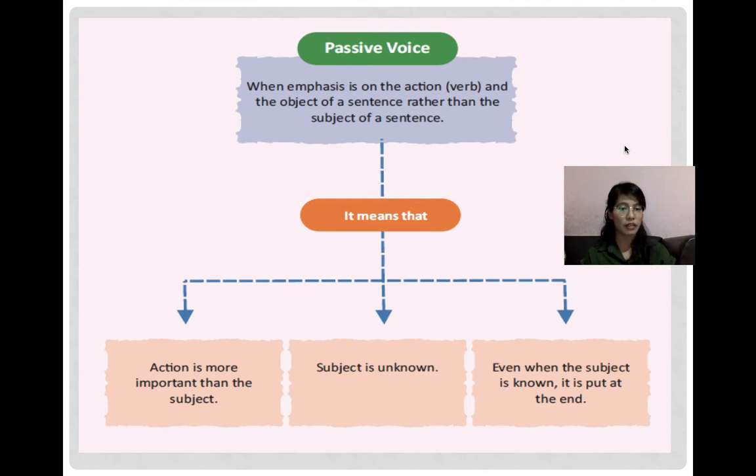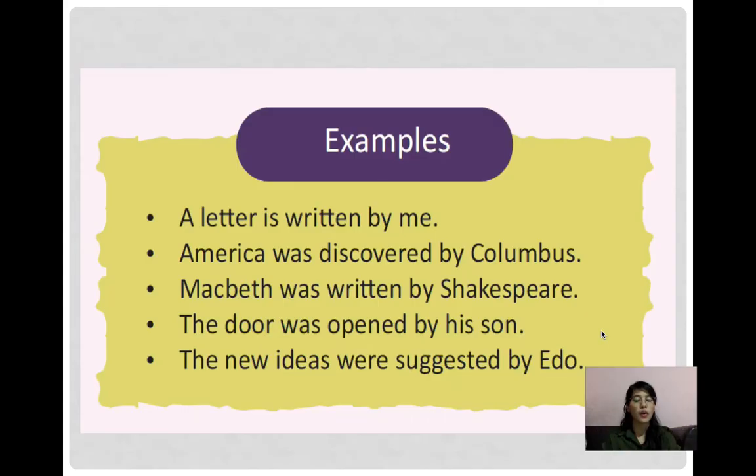So just even when the subject is known, okay? So here are the examples. A letter is written by me. America was discovered by Columbus. Macbeth was written by Shakespeare. The door was opened by his son. The new ideas were suggested by Edo.